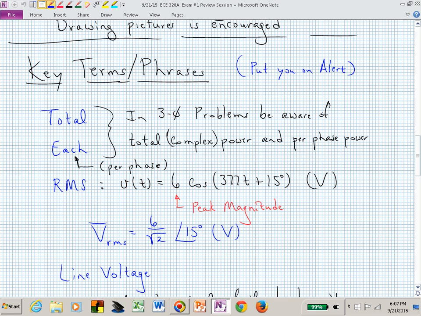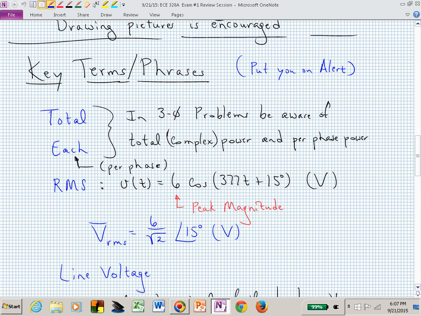If you see each, like each transmission line or each phase, then it's per phase that we are referring to. And we are working with balanced systems, and they are related by a factor of 3, right, in power.